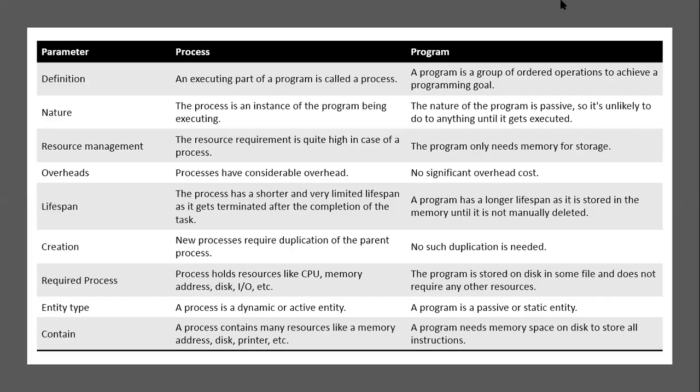Now, I have provided a complete table with various differences with respect to different parameters. There is a possibility that once you see those parameters, you will find that certain parameters are quite the same. Yes, they can be the same.